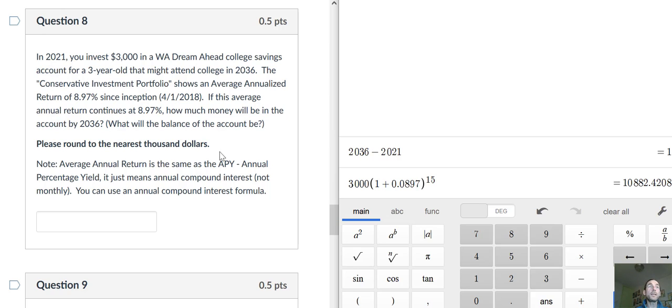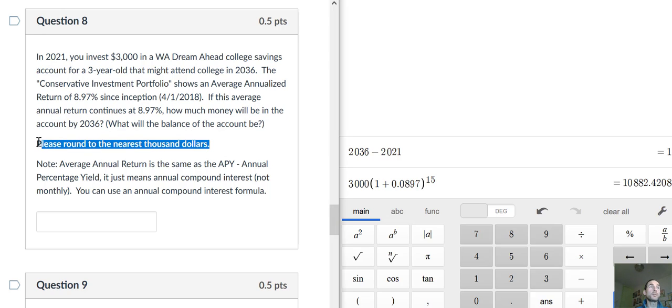Okay, so I think it makes sense to round to the nearest $1,000 because this is not a fixed interest rate. There's no guarantee that the college savings will have that interest rate each year. In fact, some years it might be negative 10%. Another year it could be negative 23%. Another year it could be 0%.